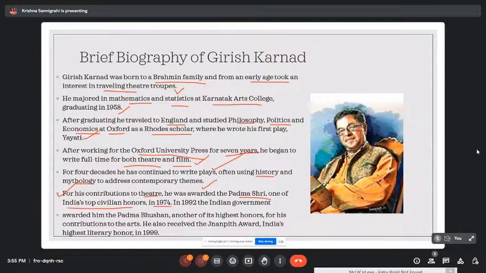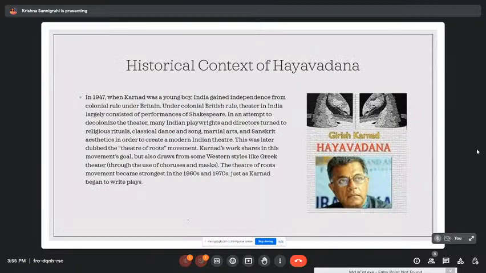In 1992, he was awarded the Padma Bhushan, another of its highest honors, for his contribution to the arts. He also received the Gyanpith Award, India's highest literary honor, in 1999. So his contribution is immense in the history of English literature.